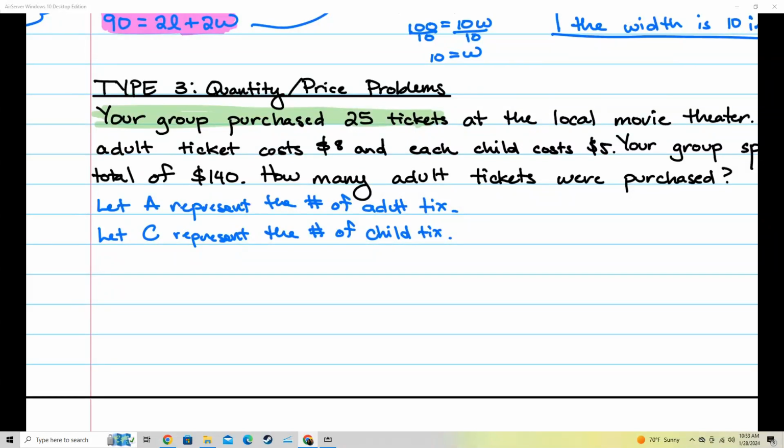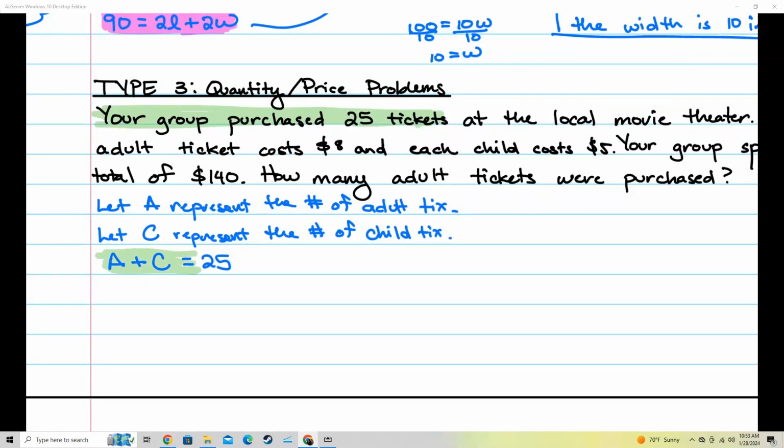What I do know is some of them were adult tickets and some of them were children tickets, right? And together, it's going to be 25 tickets total. If I'm saying the word together, that means we're adding, and we're adding the adult tickets with the child tickets. So what do I write for adult tickets? We said A was the number of adult tickets together with the child tickets, and that's going to be 25 tickets total.